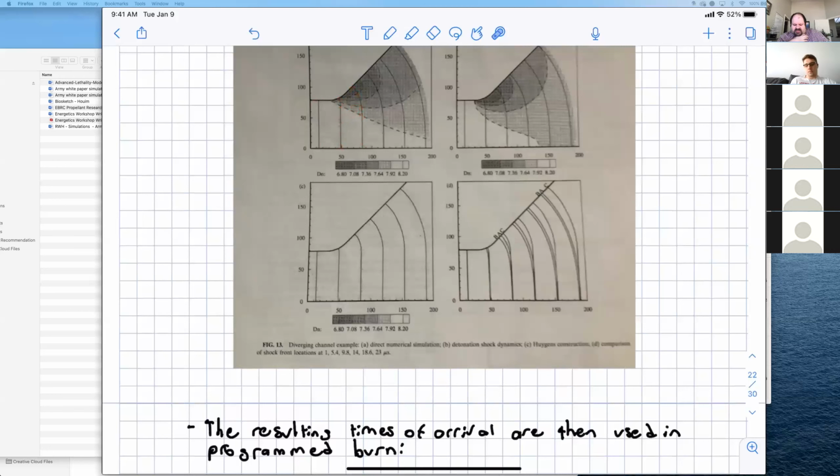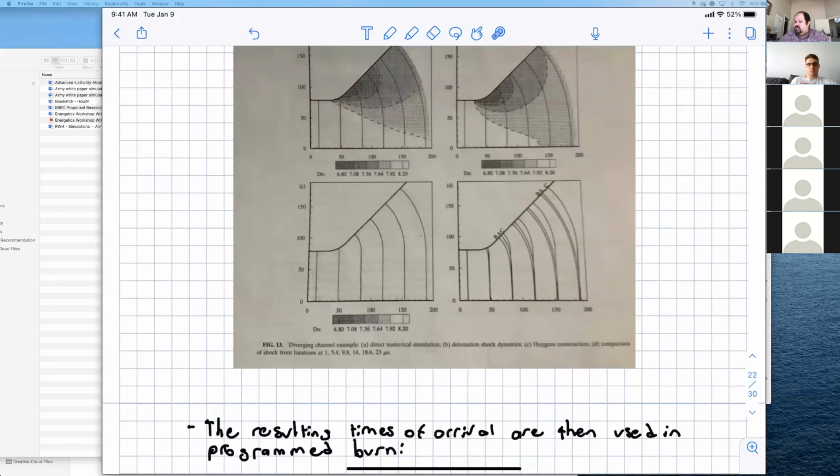And so that's basically how this is used. You can do the same thing with a DNS if you want to. It just depends on the level of accuracy that you are looking for. But oftentimes, DSD theory is much cheaper to apply than a full-blown direct numerical simulation. I know Tom Jackson does a lot of DNS calculations. Braden, my student, is going to build the capability in our lab to do DNS calculations.